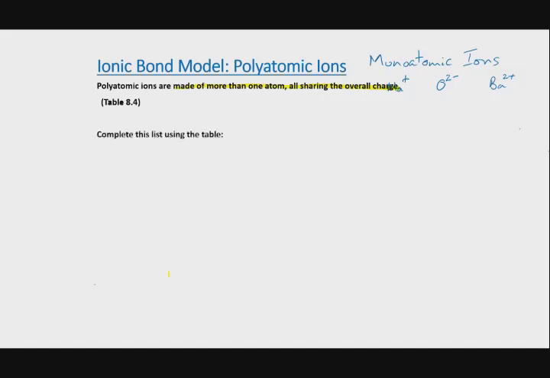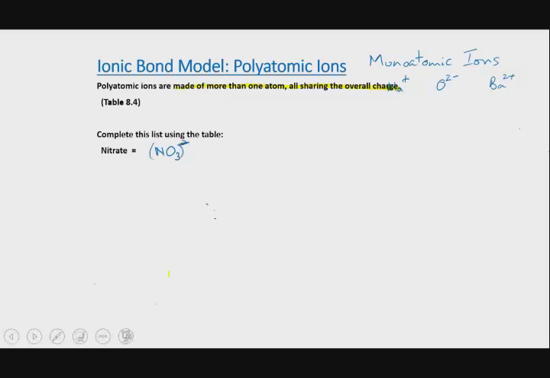In other words, when we talk about nitrate, which is an example of a polyatomic ion, you will need to know that this is an ion that is made up of one nitrogen and three oxygens, in such a way that the overall charge is -1.